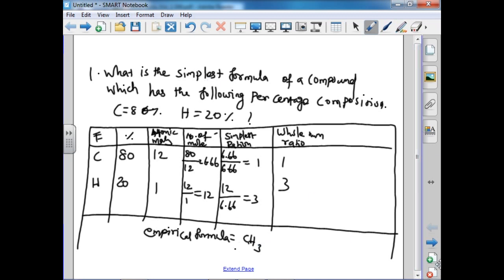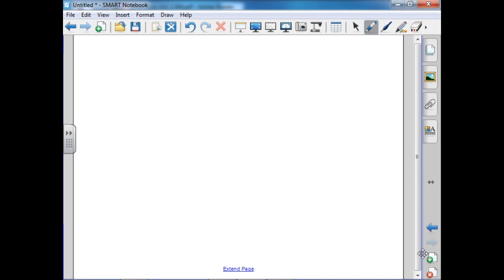The next question: write the simplest formula for the following.